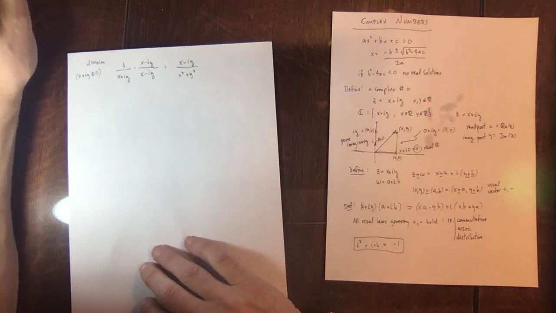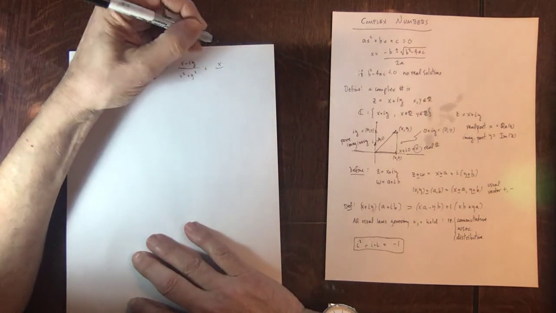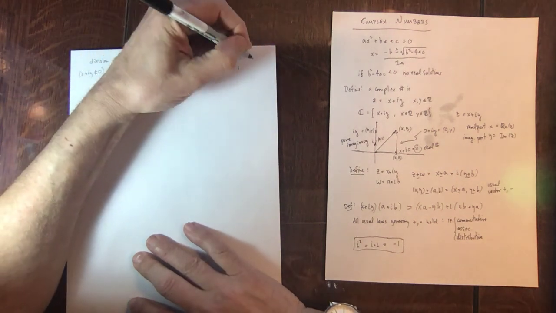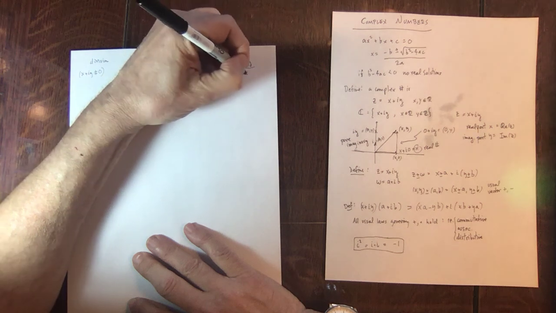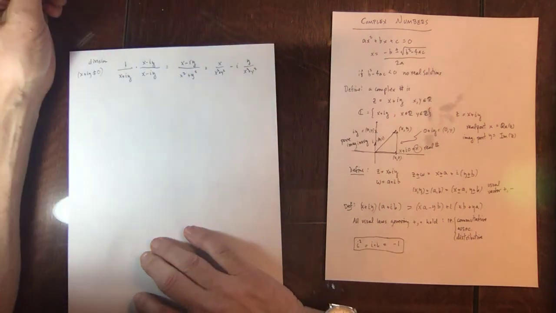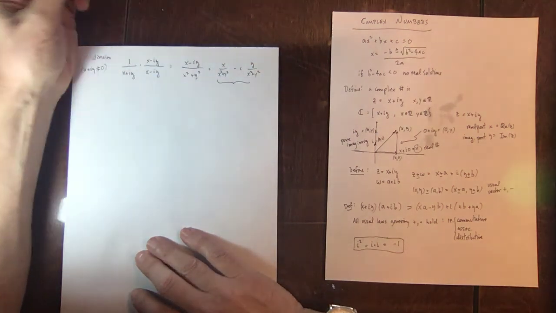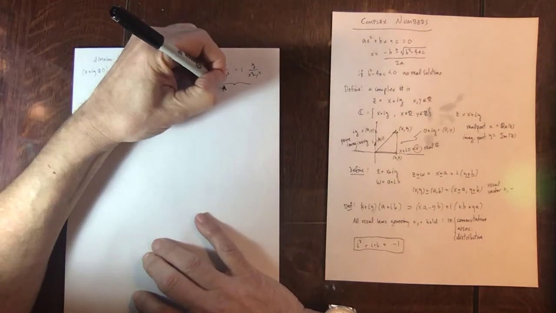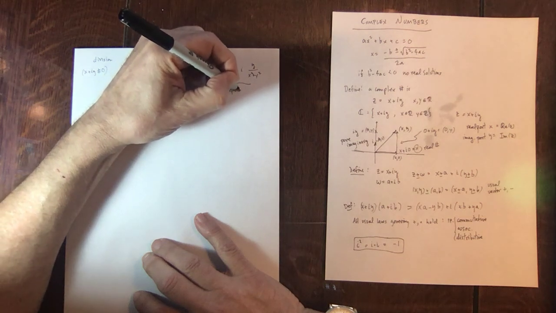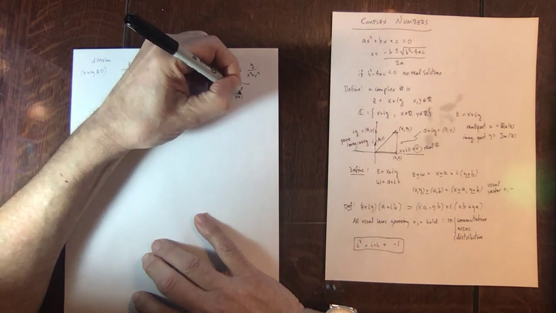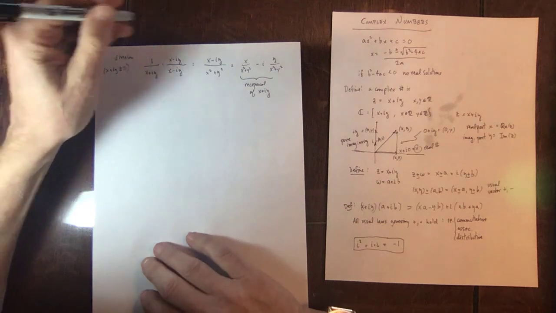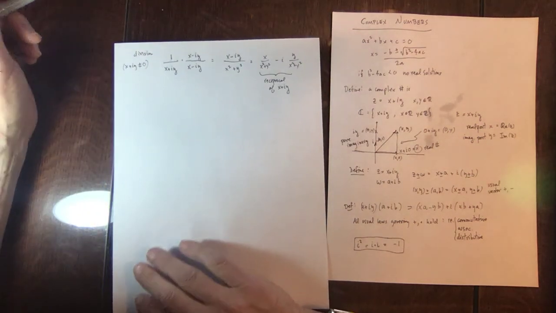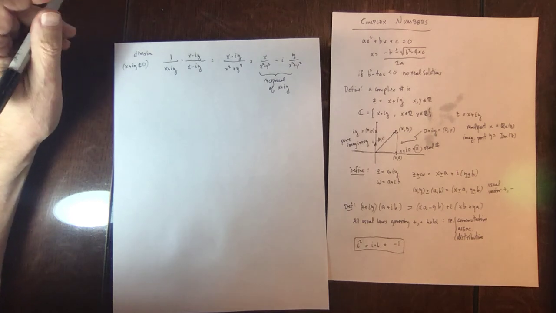And now that my denominator is a real number, I could think of it as x over x squared plus y squared minus i times y over x squared plus y squared. So this is a real number, this is a real number, so this is a complex number, and this is the reciprocal of x plus iy. And once you know how to take a reciprocal, then that tells you how to divide.